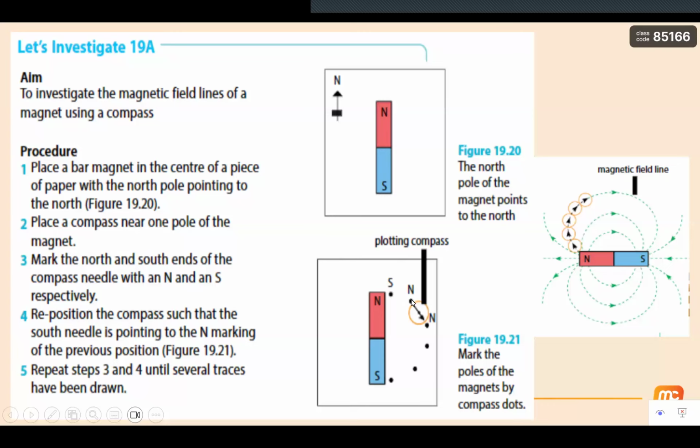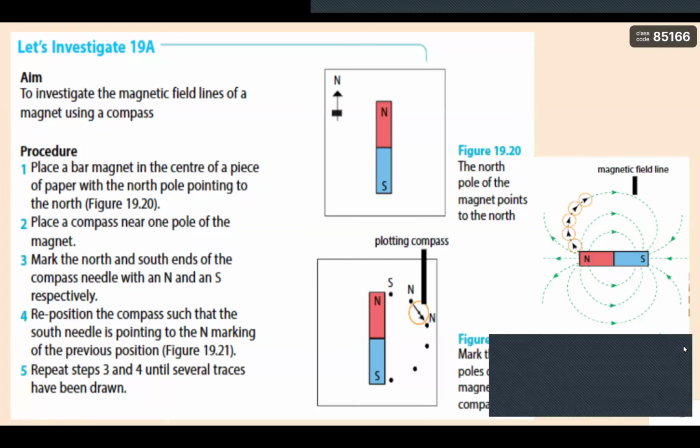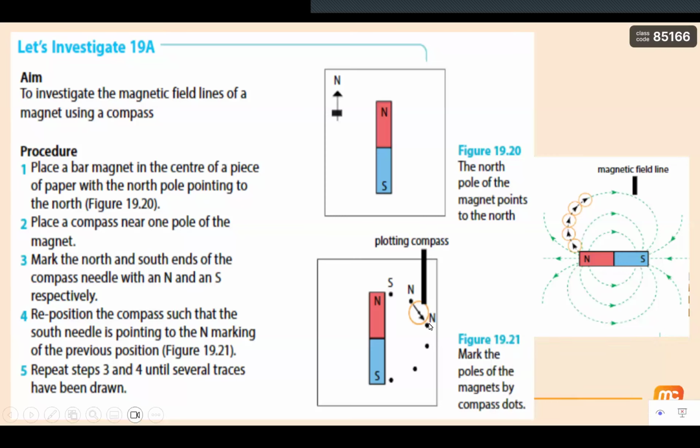Then I remove the compass and shift it such that the South Pole of the compass is at the end marking, which is the North Pole of the previous compass. Then I make another marking for the North Pole. And I reposition my compass again, such that the South Pole is touching the end of the previous compass needle.